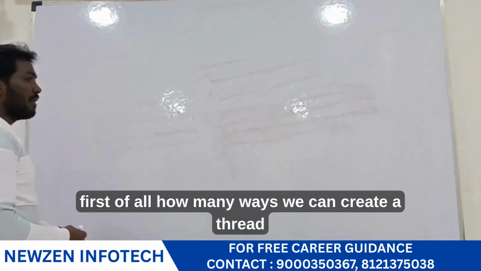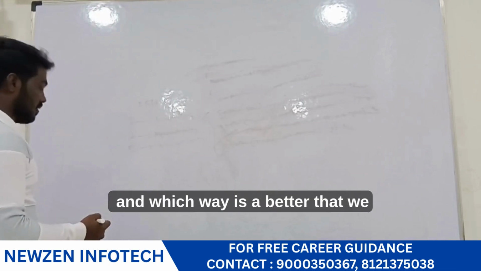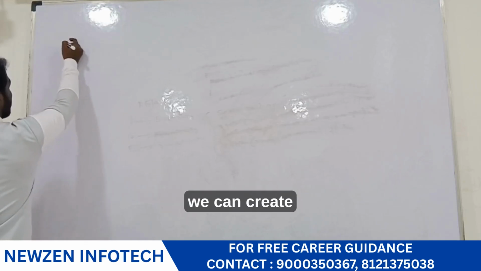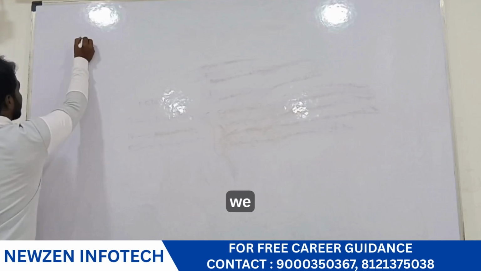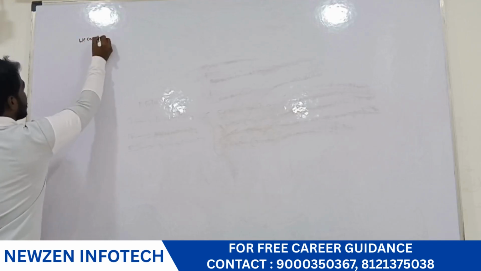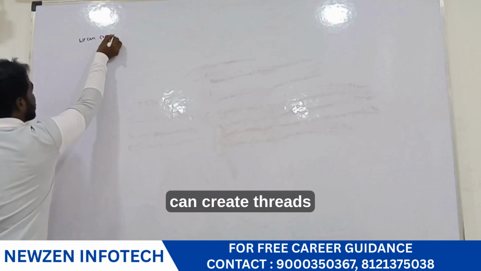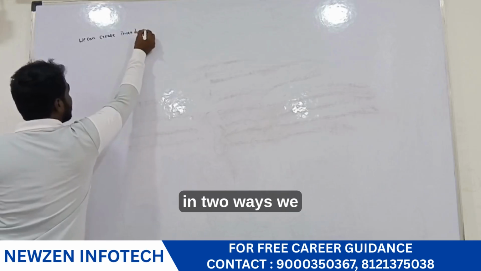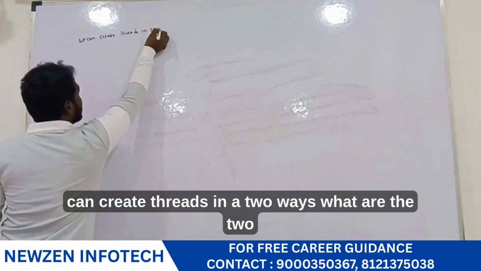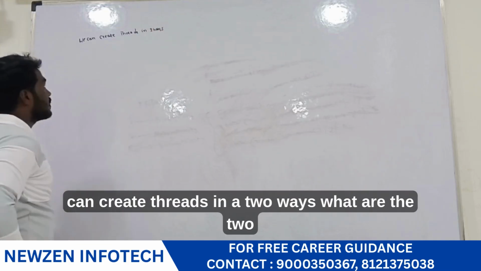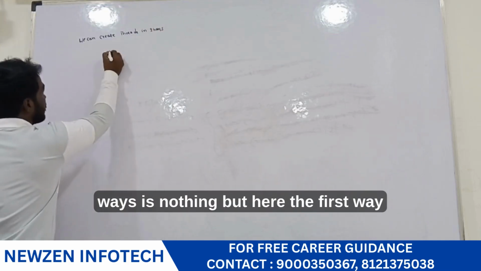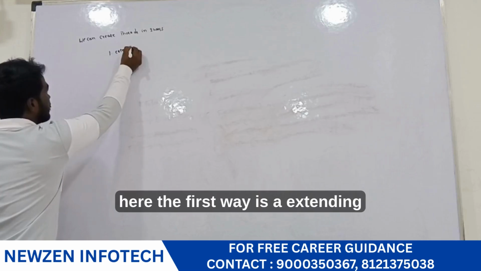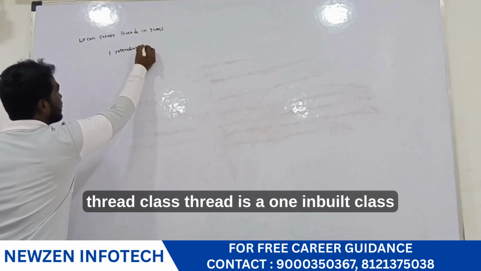First of all, how many ways can we create a thread, and which way is better, that we will discuss now. We can create threads in two ways. The first way is extending the Thread class.